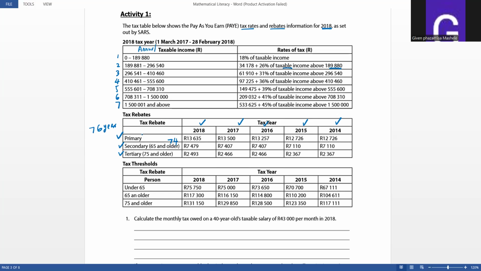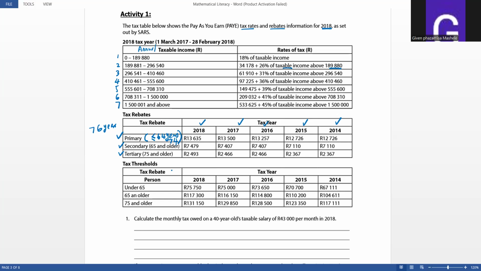But primary is for people who are aged 64 or less, so less than or equal to 64 years. Why? Because secondary is for those that are 65 and older.